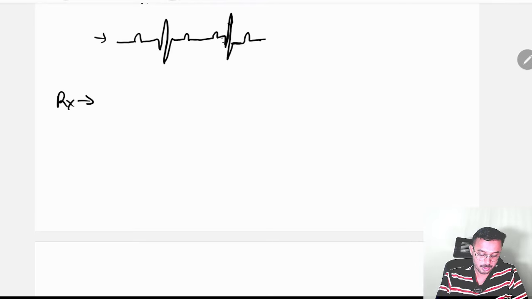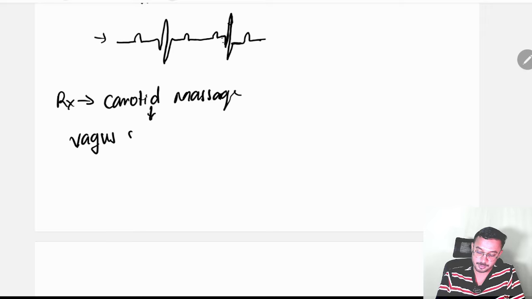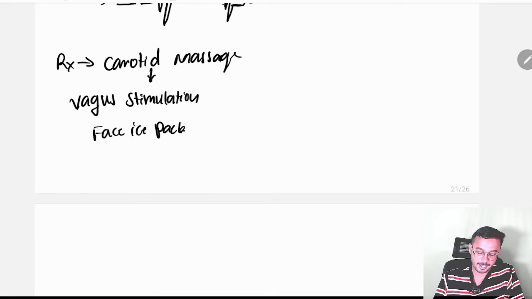Carotid sinus massage, carotid massage, which leads to vagus stimulation, and ice pack. Okay, and if they ask the drug of choice for PSVT, it is adenosine.